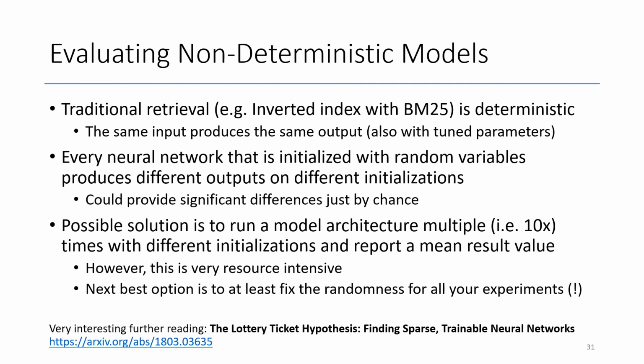A solution to that problem is, if you have a single architecture, you run it multiple times with different initializations, and then you report the mean result value and not pick one of the best out of the multiple runs that you did. The problem with that is that it is very resource intensive, and the next best thing that you definitely need to do is to at least fix the randomness for all the experiments with a fixed seed at the beginning of all experiments.